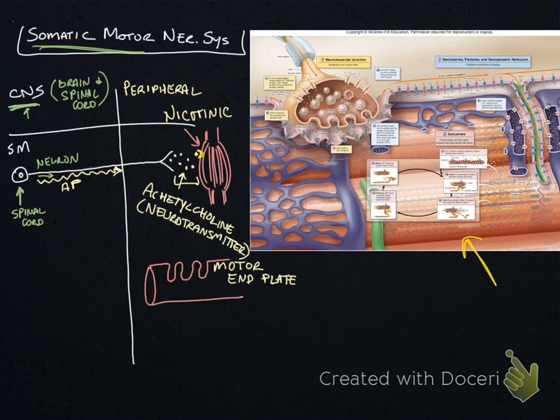And together they call this the neuromuscular junction, where the neuron meets the muscle. Okay, so this is sort of a brief overview of what we're going to be talking about.